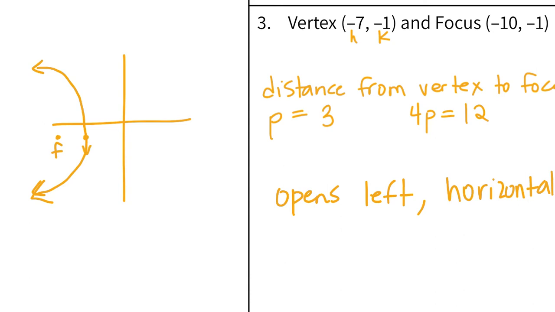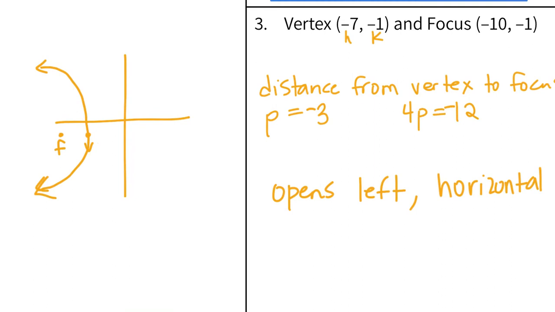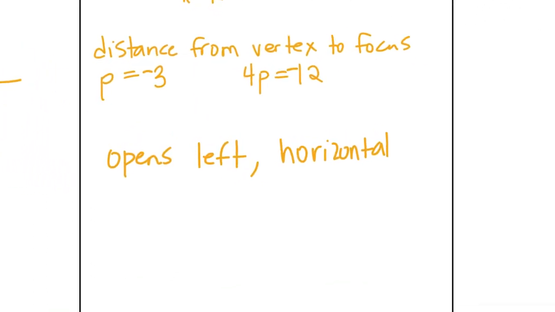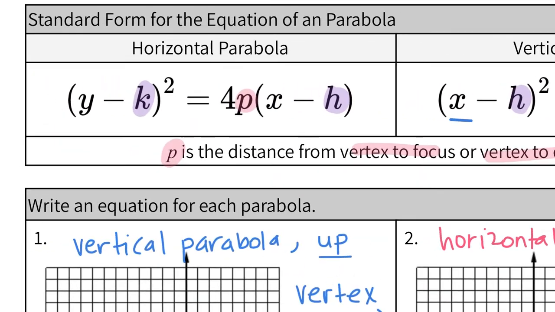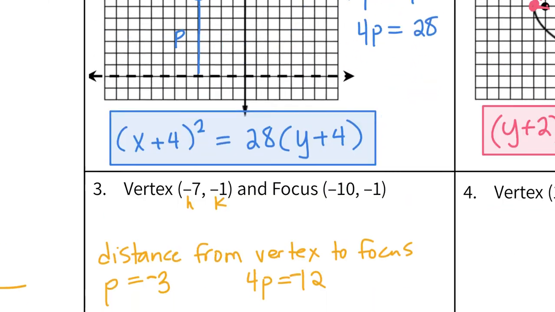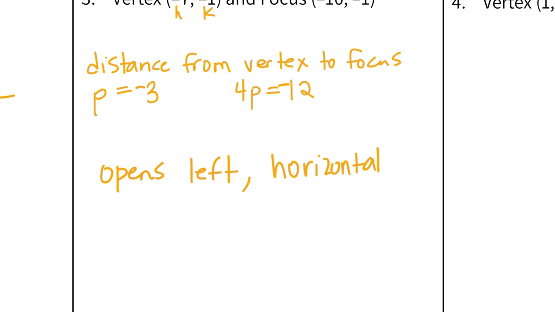So left means that it's horizontal, so we're going to have to use the equation for horizontal parabolas. But specifically because it's left, P has to be negative, so I'm going to go back and make these negative. So 4P would be -12. Okay, so now I'm going to write my equation. For horizontal, we always start with y minus k squared. I just want to double check. Yeah, y minus k squared.